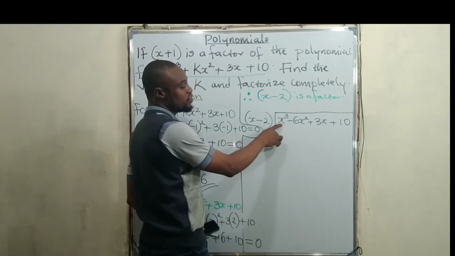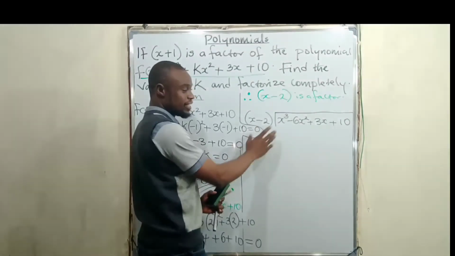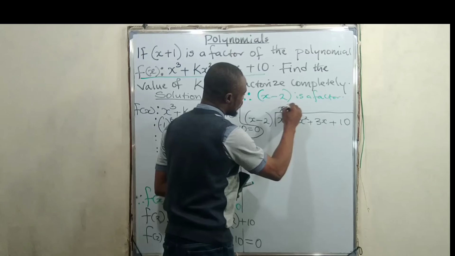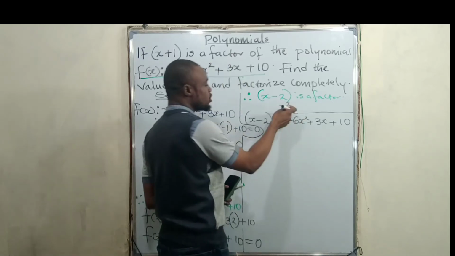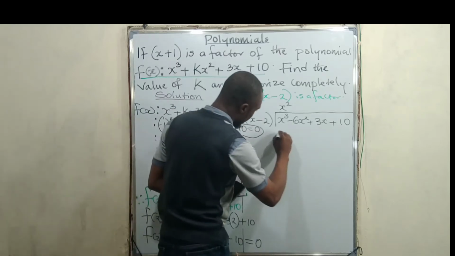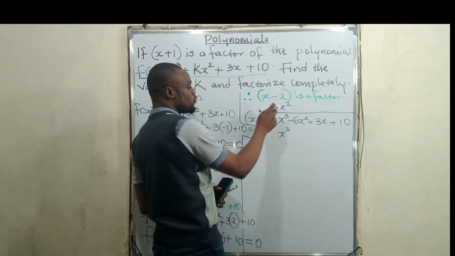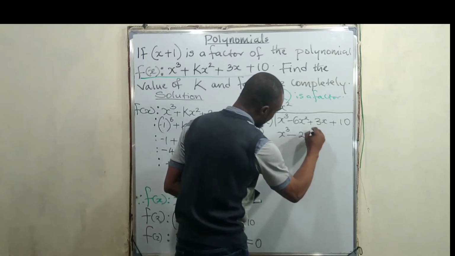X to the power of 3 divided by x will have what? X to the power of 2. We have x to the power of 2. Now x to the power of 2 multiplies x, we have x to the power of 3. So also x to the power of 2 multiplies minus 2, here we have minus 2x to the power of 2.